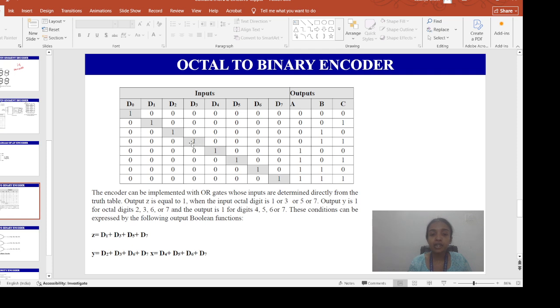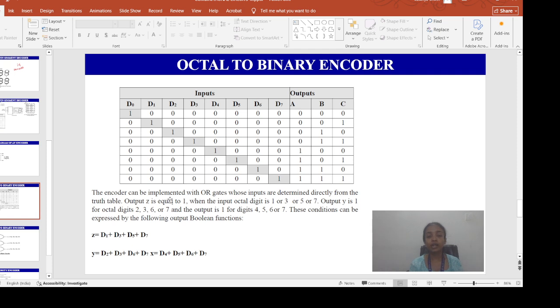Similarly, if D2 is active, then output B will be 1. If D3 is active, then outputs B and C will be 1. If D4 is active, then output A will be 1. If D5 is active, then A and C will be 1. If D6 is active, then both A and B will be 1. And if D7 is active, then all the outputs will be 1.